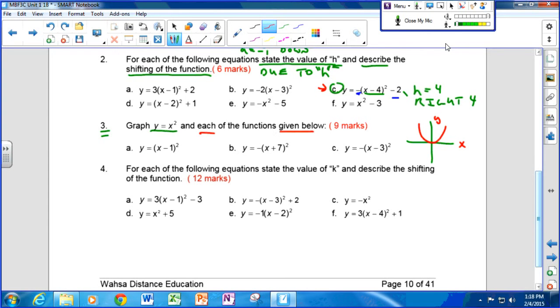So in this case, we see that for 3a, it's y equals x minus 1 squared. So our a value is equal to 1, and our h value looks like it's equal to 1 as well. So with a equal to 1, it means it opens up. And with h equal to 1, it means it shifts over 1 unit.